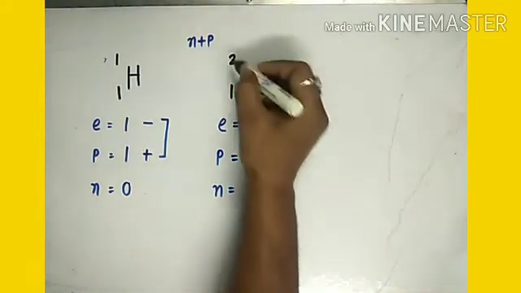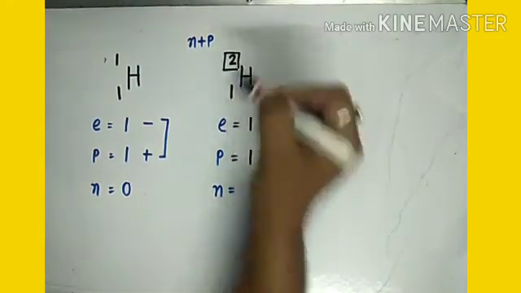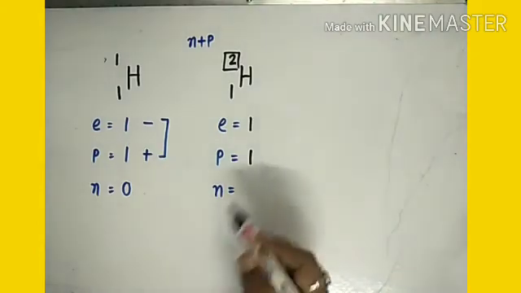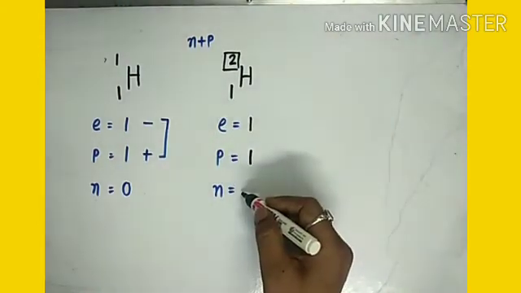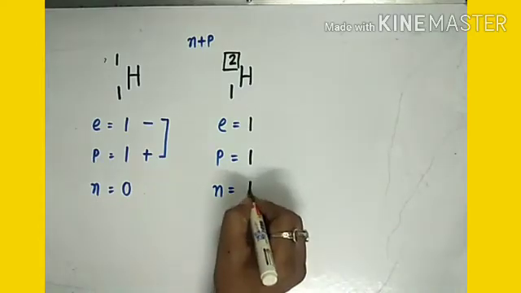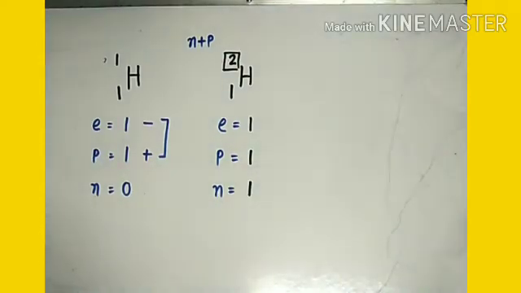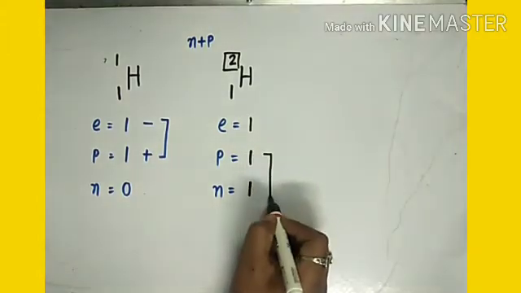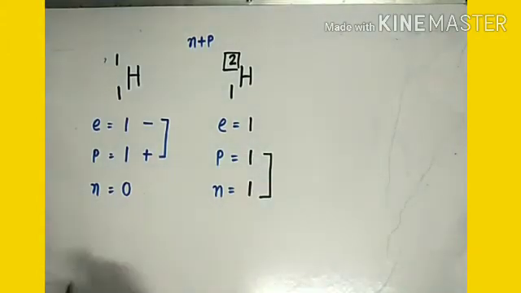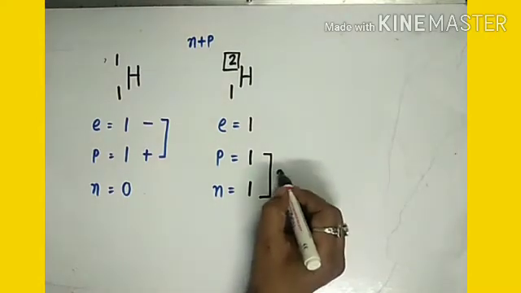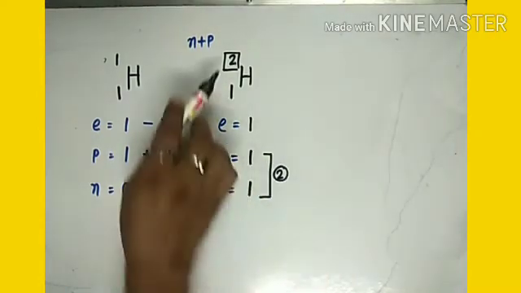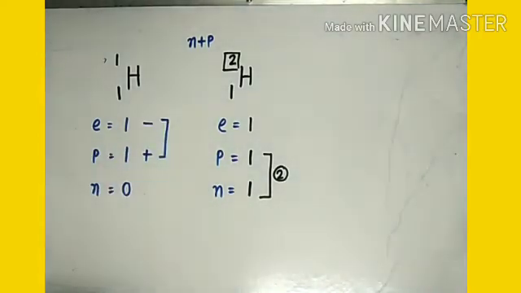But you see that there is a number 2. It means there is one proton involved, but there is one neutron as well. So in case of deuterium, we have the atomic mass 1 plus 1, that means 2. That's why it is written as 2.